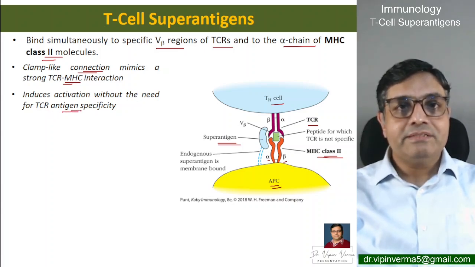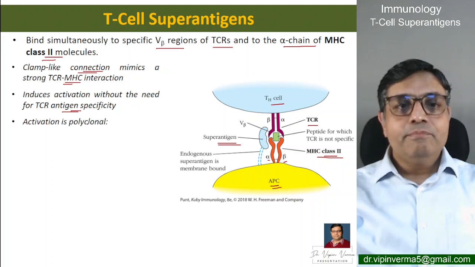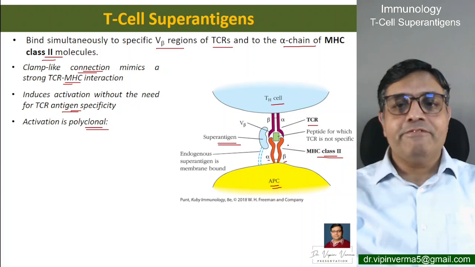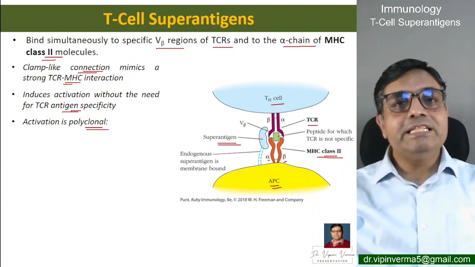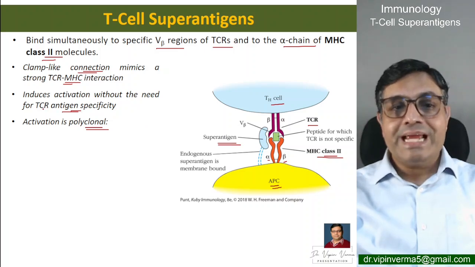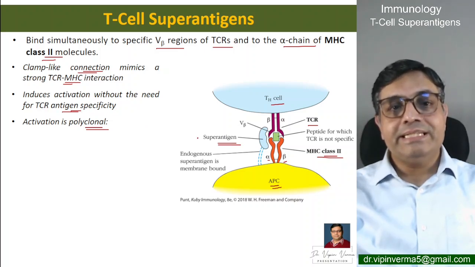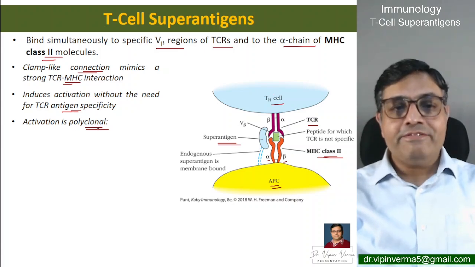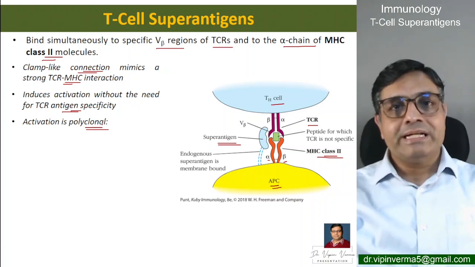They don't need that. Okay, and because it is non-specific, the activation is polyclonal. If this had been a very specific interaction, then this would be a monoclonal activation. But super antigens don't need this TCR antigen specificity very much, and they can induce the T cells, therefore the activation is a polyclonal activation.